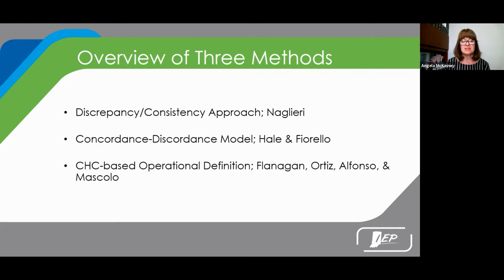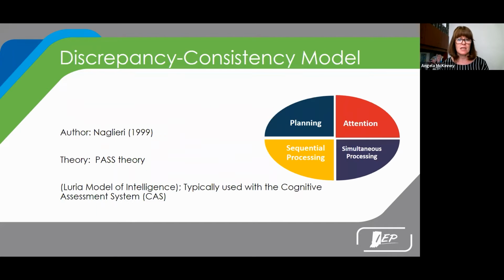But it's very much based on CHC theory, which the second one is as well. They just approach very differently how they establish whether something truly is a pattern of strengths and weaknesses. So we're going to go over all 3 of them, starting with discrepancy consistency.